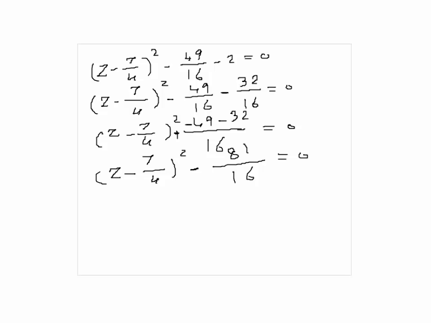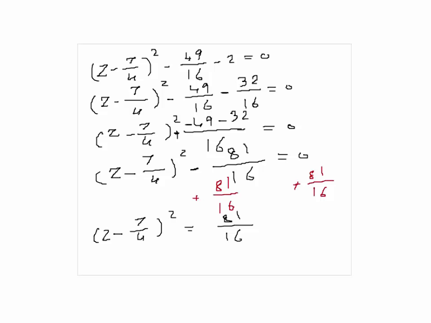I'm going to add 81 over 16 to cancel it out on both sides. After canceling, the result is z minus 7 over 4 squared equals 81 over 16.